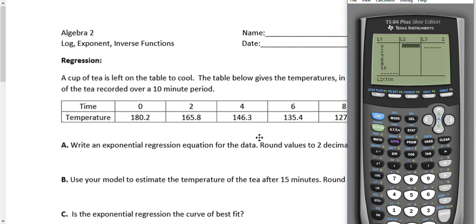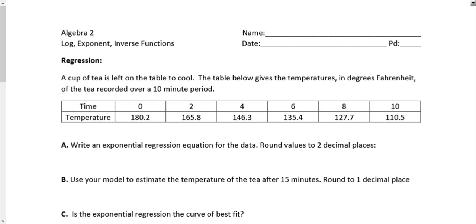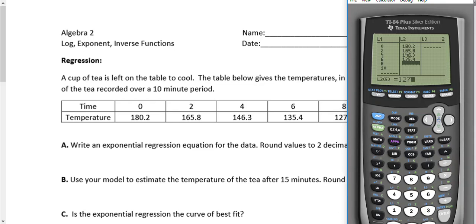And then in list 2, we put the bottom. Take your time because you don't want to mess up plugging these numbers in. Okay, we should have the same number of values in list 1 as we do in list 2.